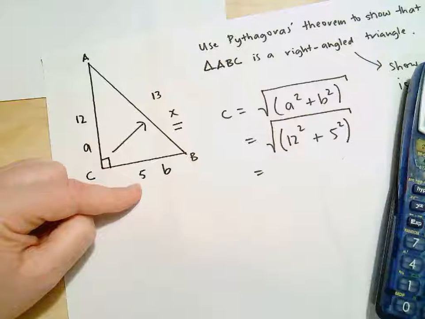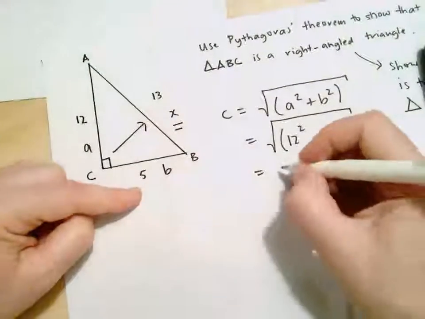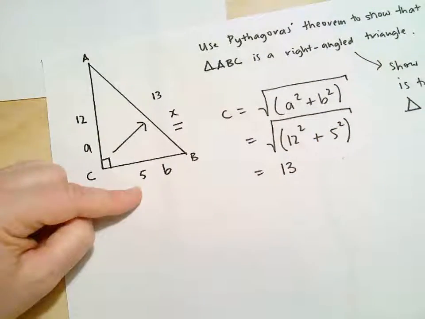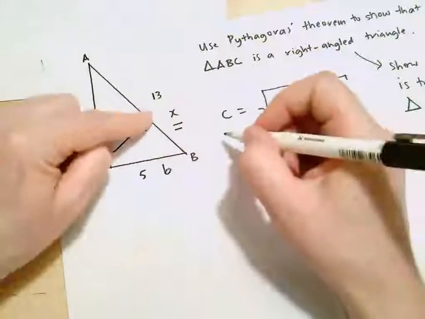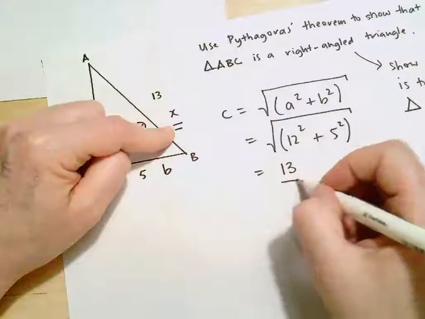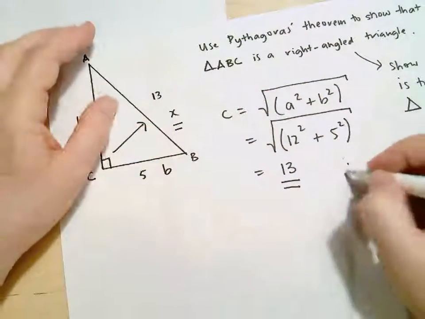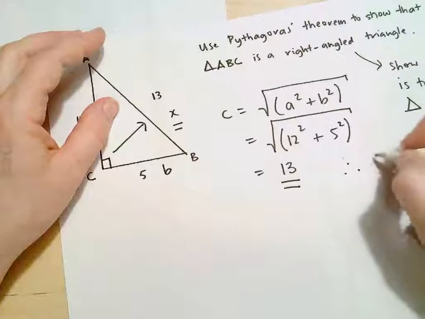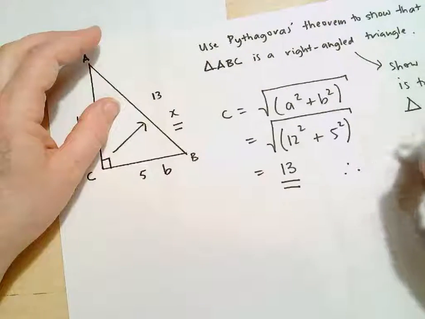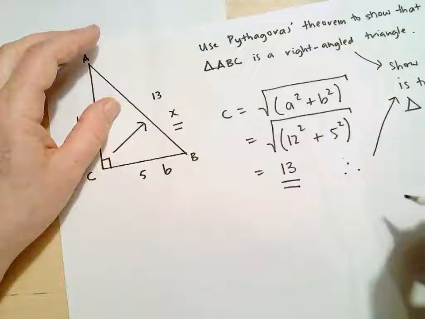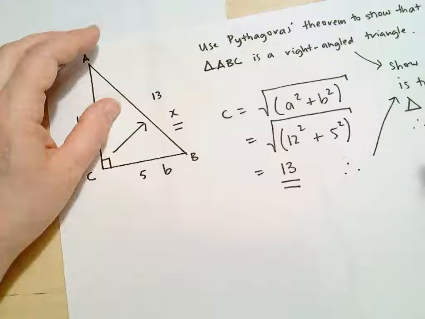Square root of open brackets, 12 squared plus 5 squared, close brackets, gives me 13. So what I've done is show that C, or the hypotenuse, is 13, and therefore this is a right angle triangle. So therefore Pythagoras' theorem is true for this triangle.